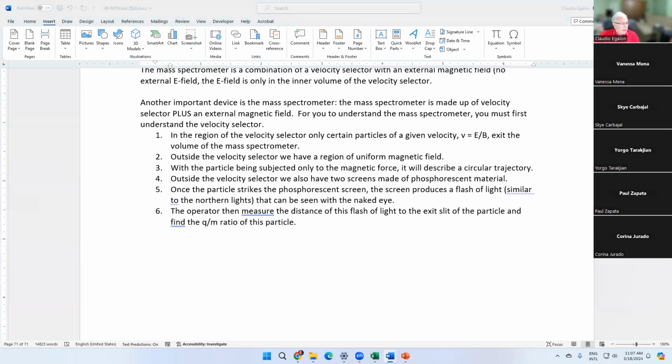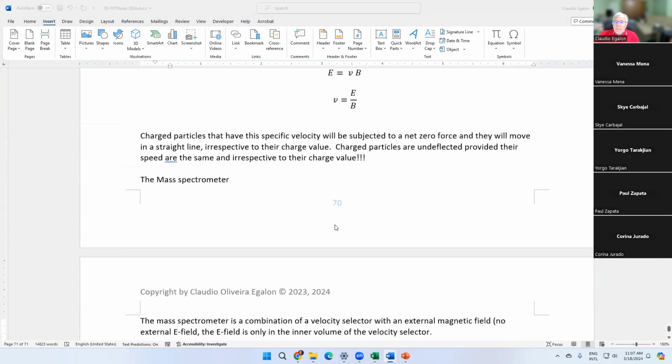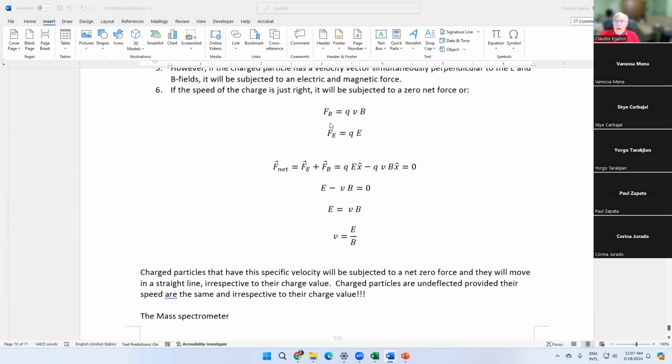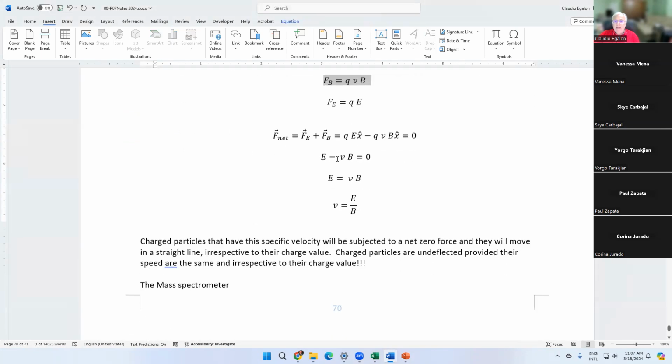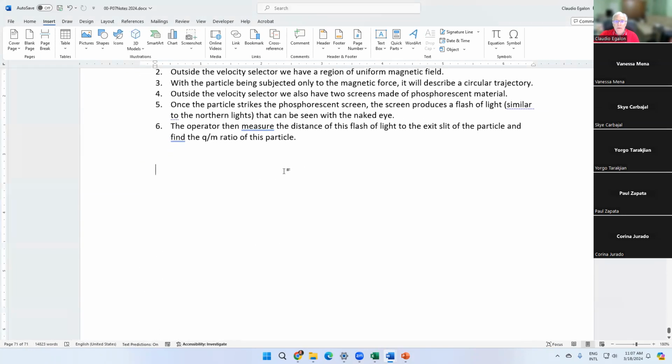And now let's go ahead and do the derivation of this charge to mass ratio and how it works. I have the equation for the magnetic force right in here.